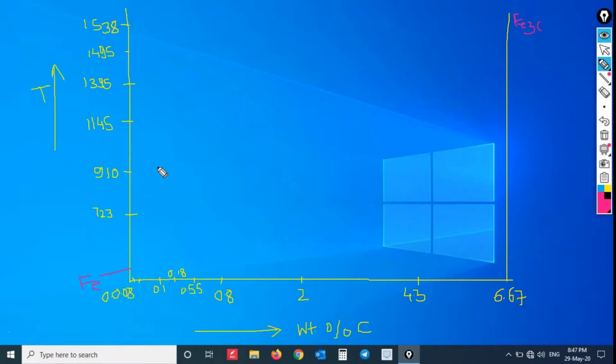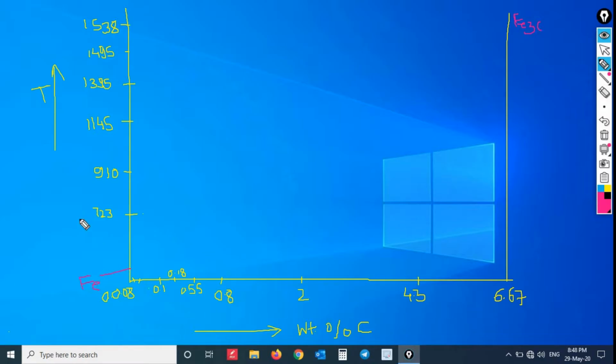These are very important points. Without this we cannot proceed to the iron carbide diagram. On the x-axis we have weight percentage of carbon, starting from 0.008 percent, 0.1, 0.18, 0.55, 0.8 percent of carbon, 2%, 4.3 and 6.67 percent carbon. These weight percentages are very important.